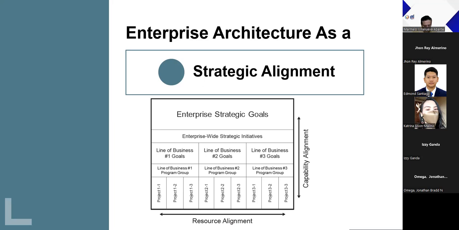So in this diagram, the enterprise strategic goals consist of line of business goals.